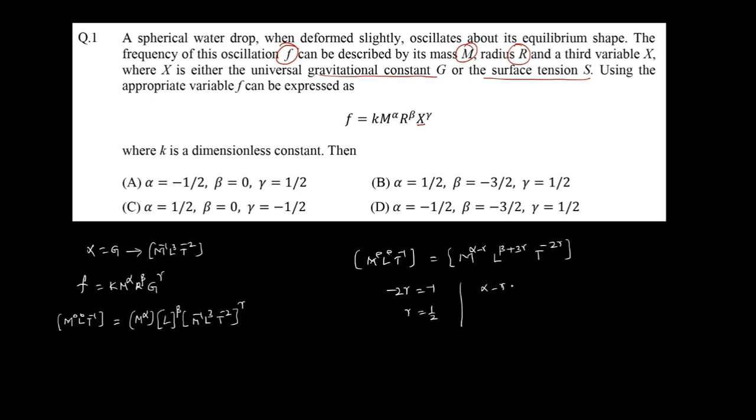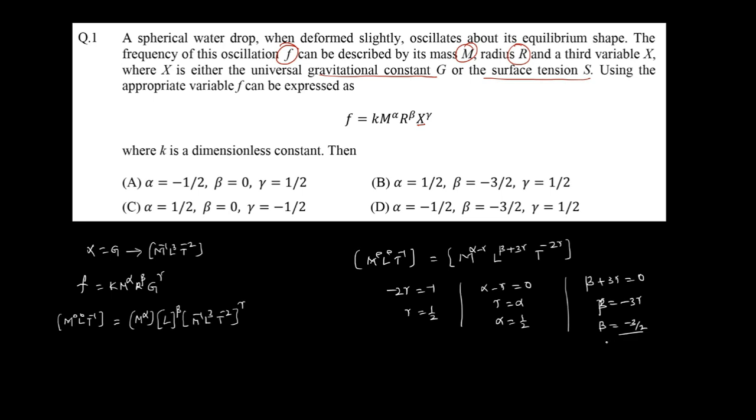Then alpha minus gamma is equal to 0, so alpha is equal to gamma, and alpha will also be 1 by 2. Then beta plus 3 gamma is equal to 0, so beta is equal to minus 3 gamma, so beta is equal to minus 3 by 2.